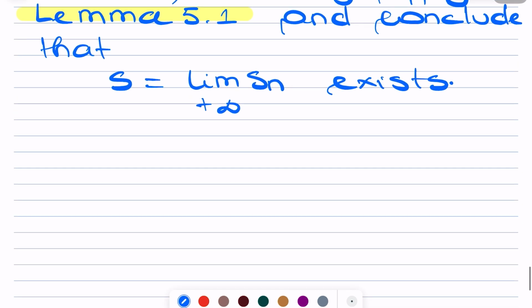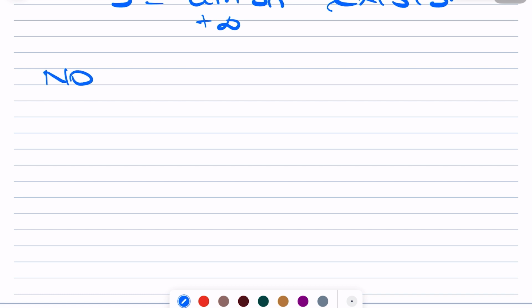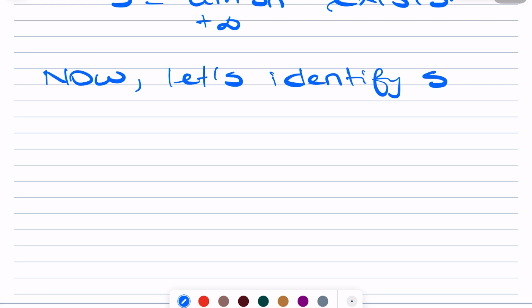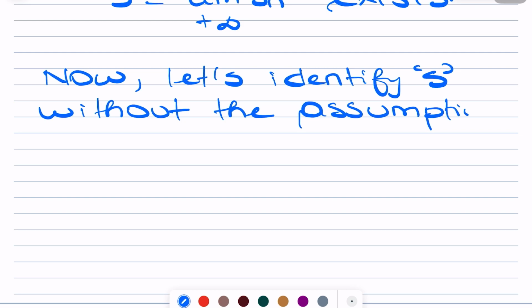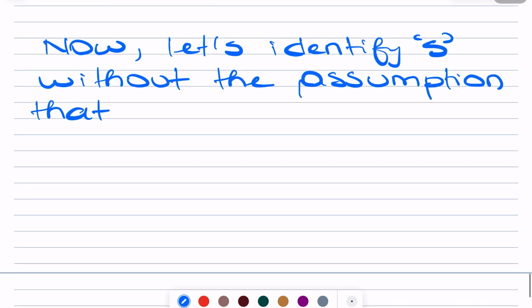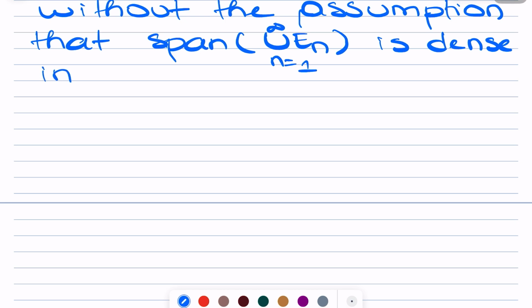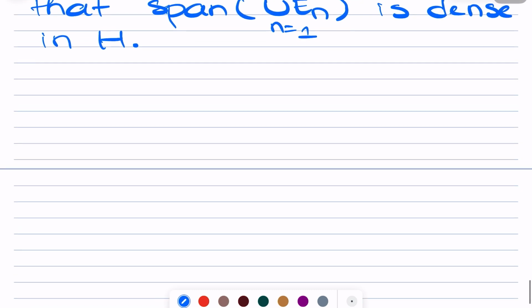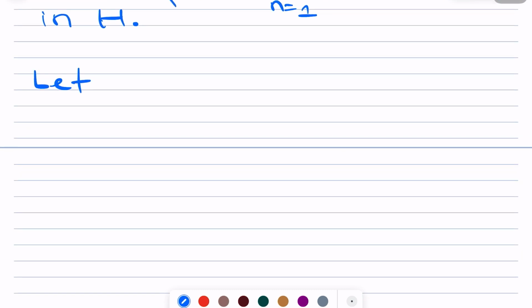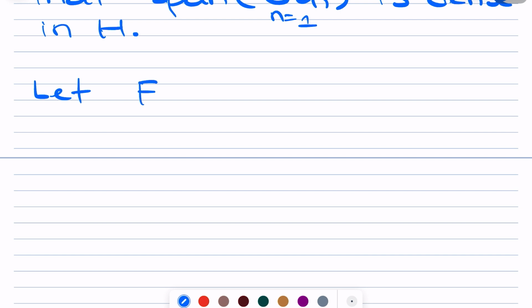Now, our goal is to identify S, without the assumption that the span of the un is dense in H. For that, just to avoid carrying the span of the union, let F be the linear space spanned by the un.